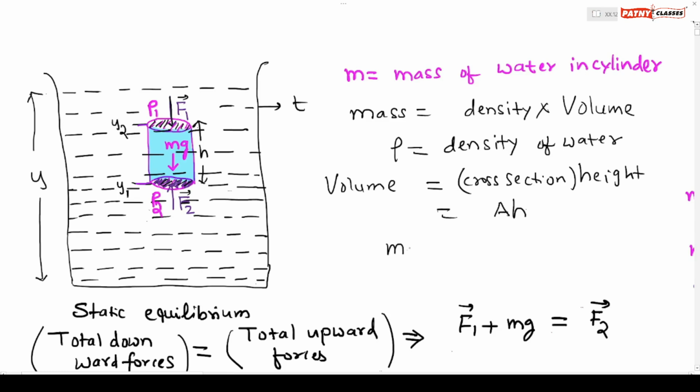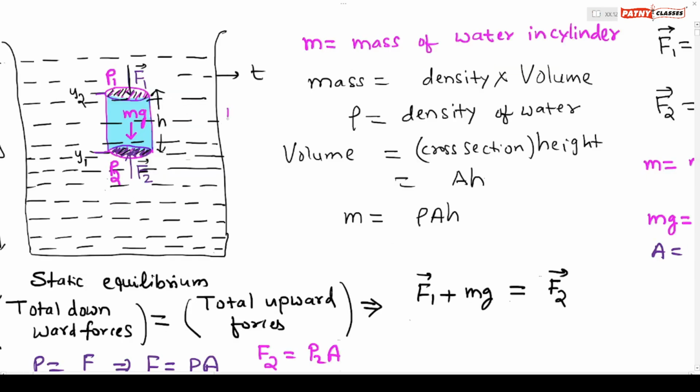Therefore the mass of water inside the cylinder, m, equals density multiplied by volume, so rho A h. From this figure h equals y2 minus y1. Therefore m equals rho A, and in place of h you can write y2 minus y1.